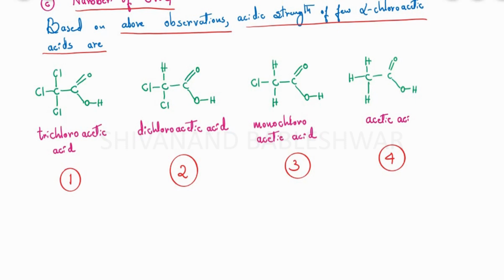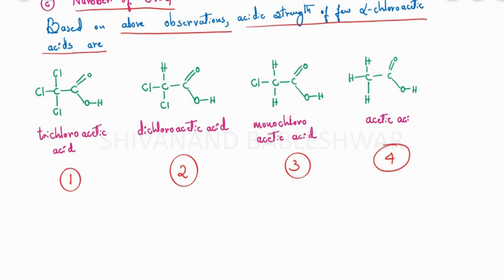In the case of the first one, you can see that this is the functional group, that is C double bond O and OH. In all it is the same, that is the carboxylic functional group.